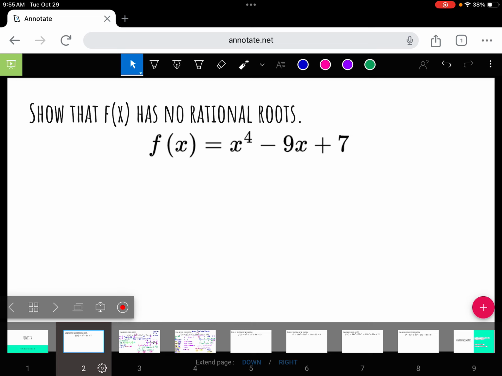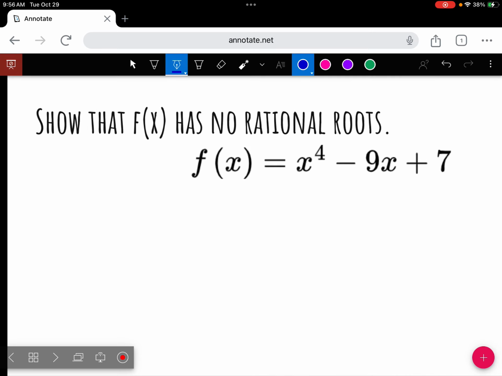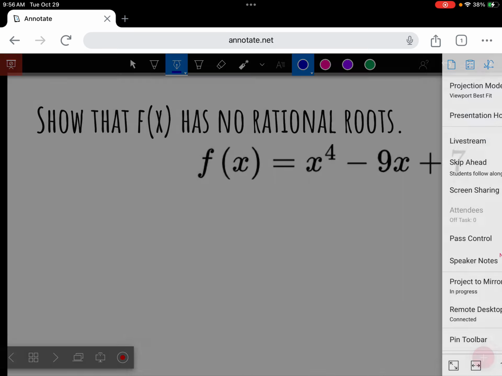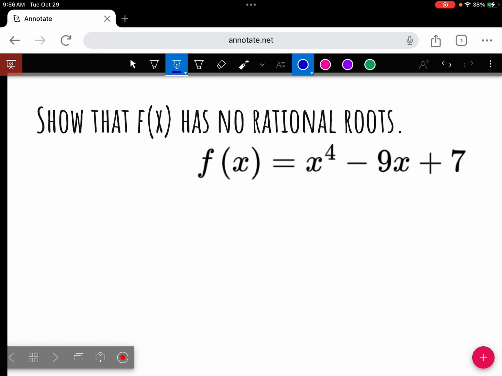What is the P? 7. What is our leading coefficient? The Q. One. Yep, we're doing the P and Q thing. So P is our constant, in this case 7, and Q is the leading coefficient, in this case 1.